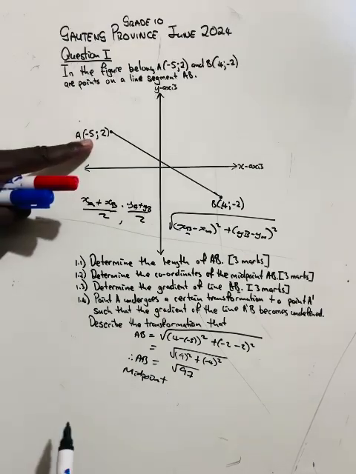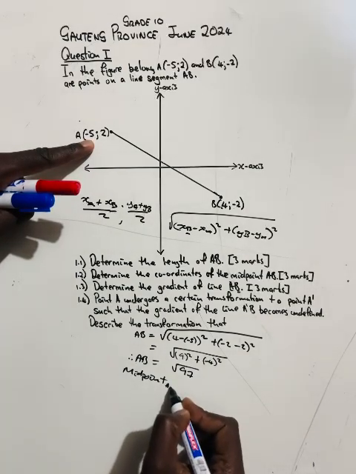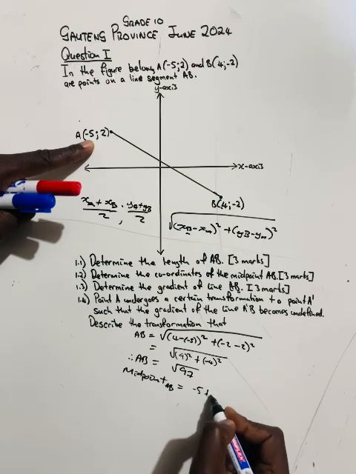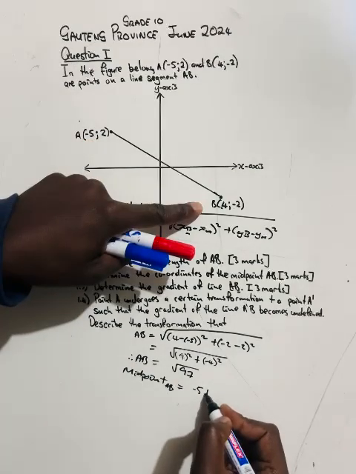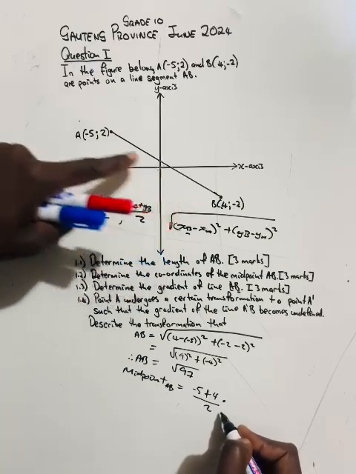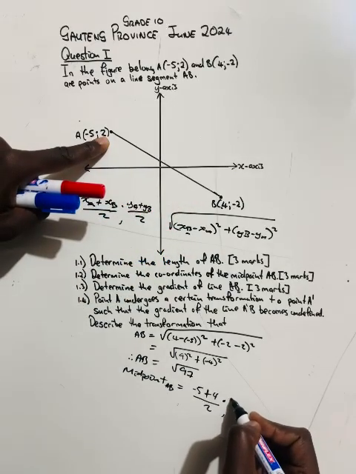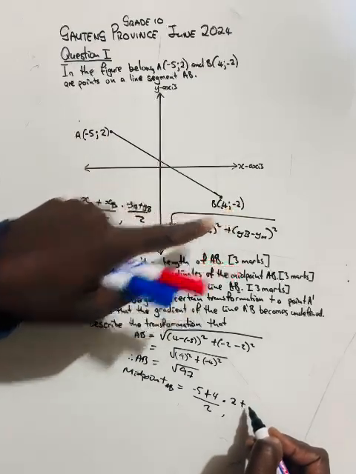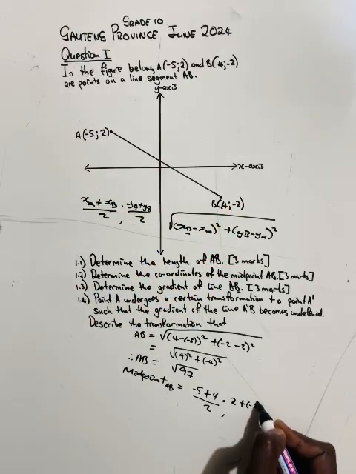So our x at point A is negative 5, so the midpoint of AB is equal to negative 5 plus our x at point B, which is 4, divided by 2, semicolon. Our y at point A is 2 plus our y at point B, which is negative 2, divided by 2.